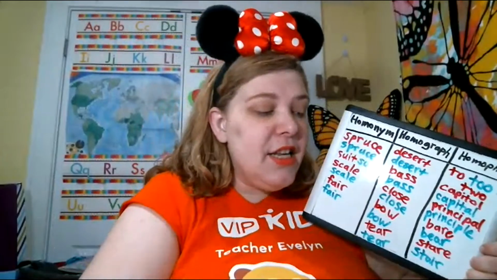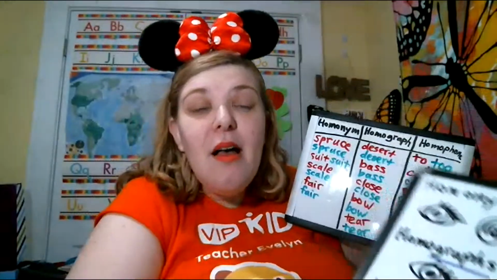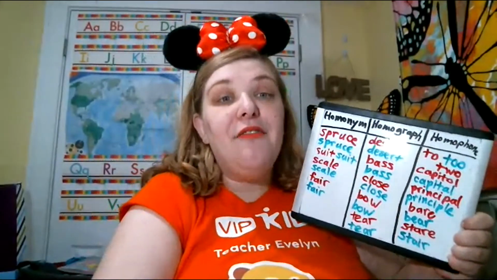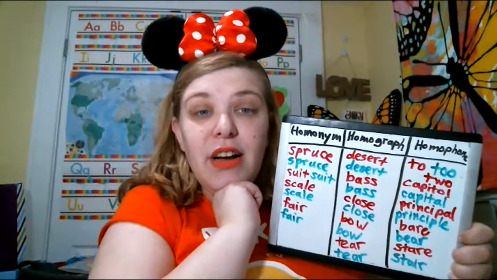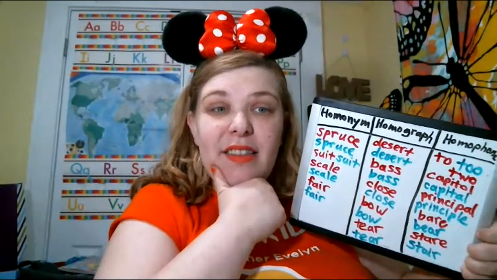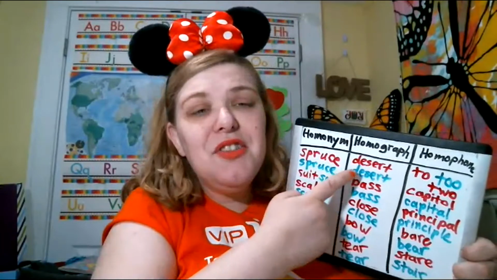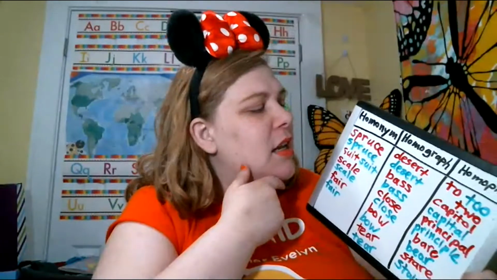Okay, homographs. Okay, the confusion continues because look, homographs, they look the same. They sound different and they have different definitions. So desert, right? I go to the desert. It's very hot in the desert. They deserted me. I was deserted by my friends. To get deserted, right?